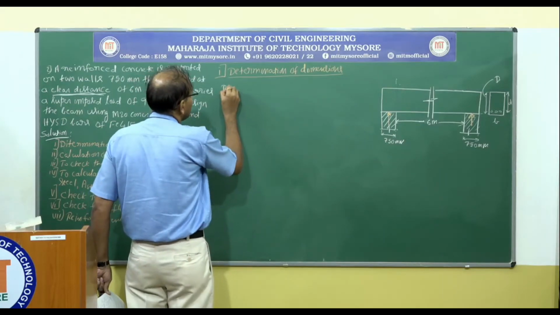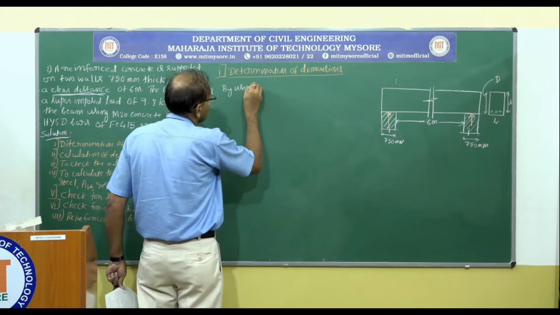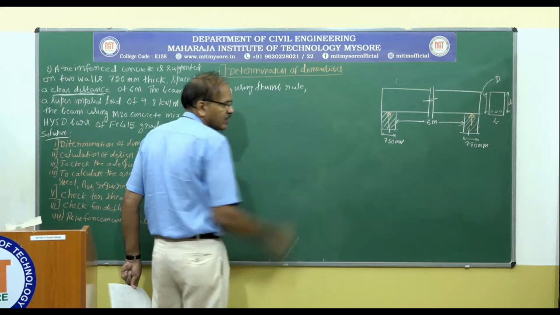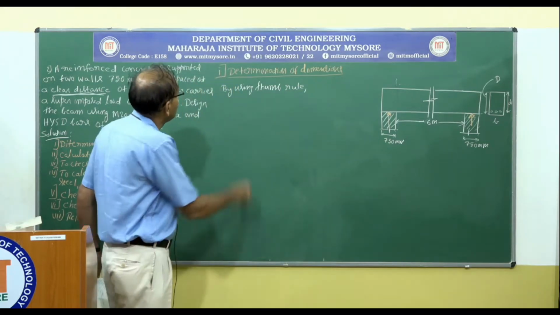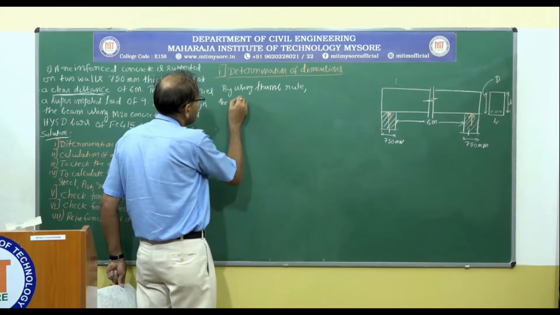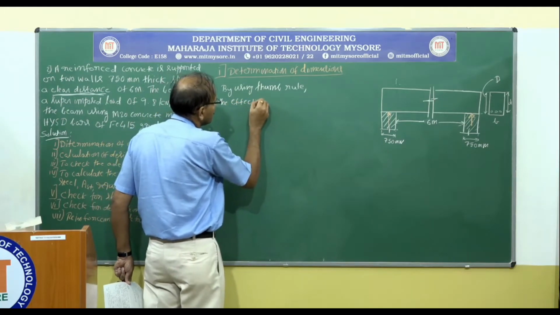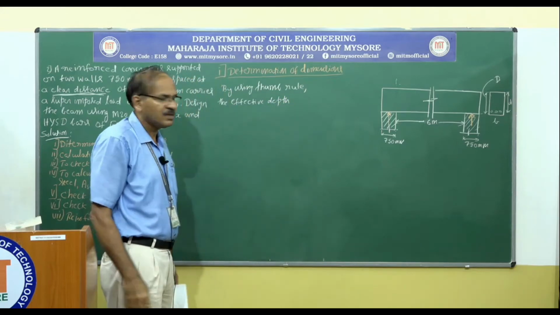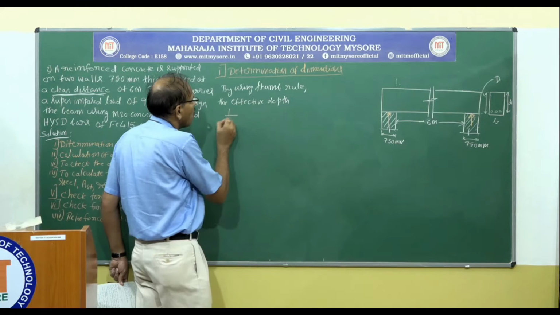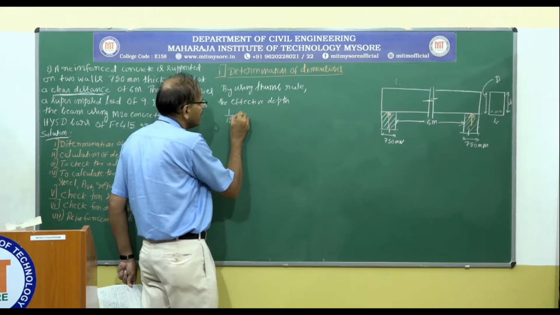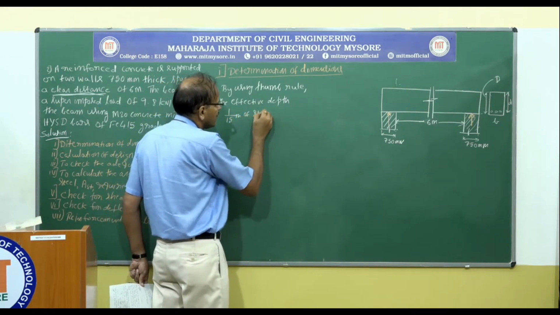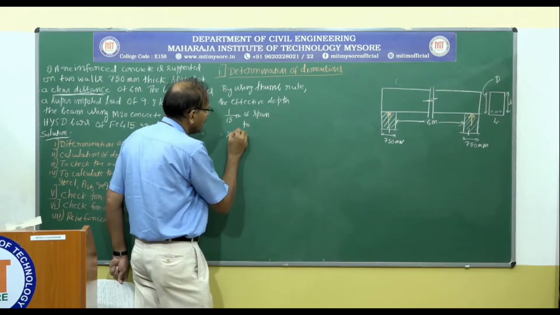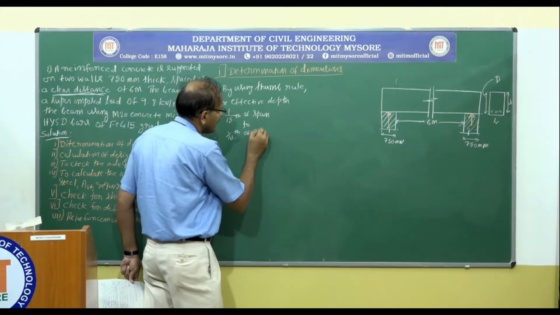So, by using thumb rule, the effective depth is going to be 1/15 of the span to 1/10 of the span.